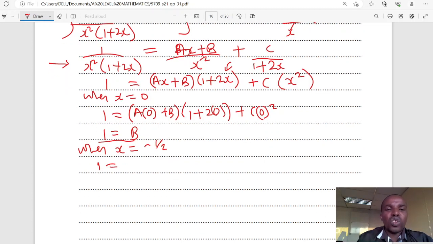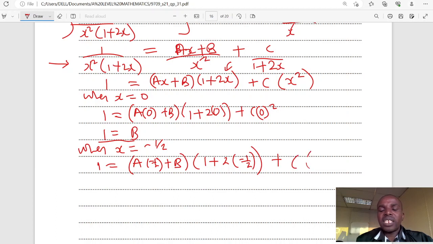So it will be 1 equals a times negative half plus b, times (1 plus 2 times negative half), plus c times negative half squared. This one simplifies to 1 minus 1, which is 0. So it will be 1 equals c times negative half squared, which is 1 quarter. So 1 equals one quarter c, so c is equal to 4.